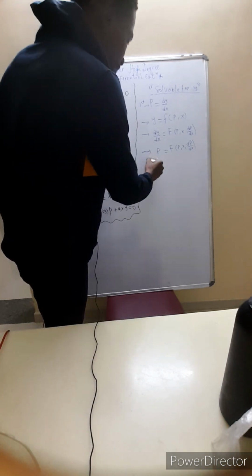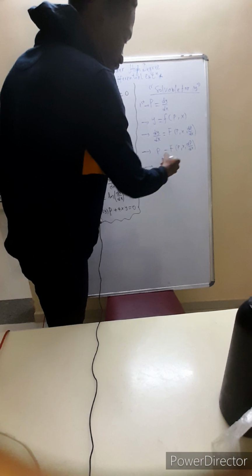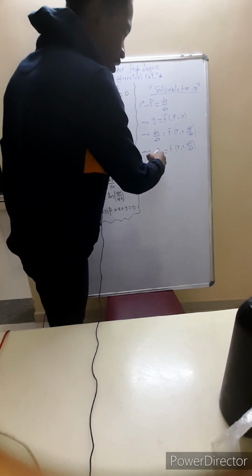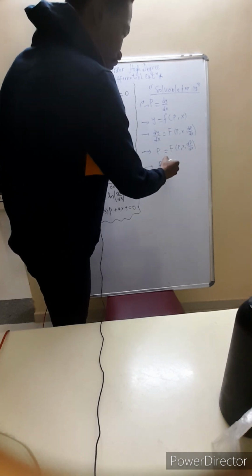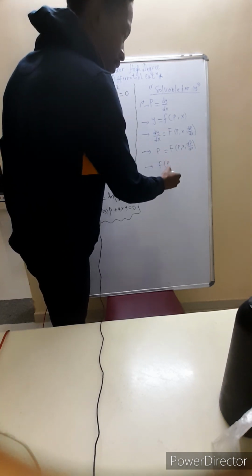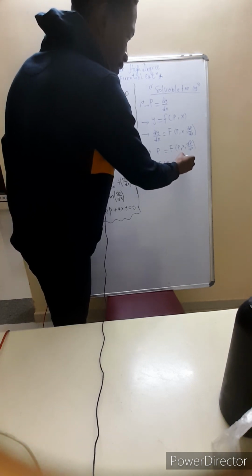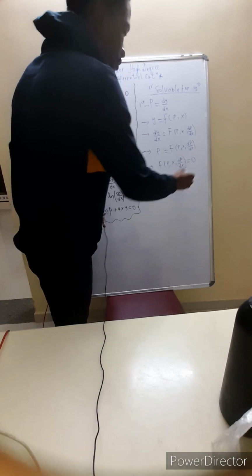After doing this, you are going to get another function. This function will also be a function of what? Of p, the dependent variable, x, the independent variable, and dp by dx equal to 0.